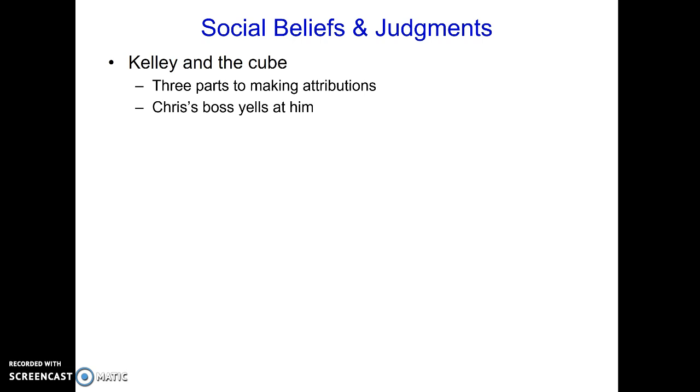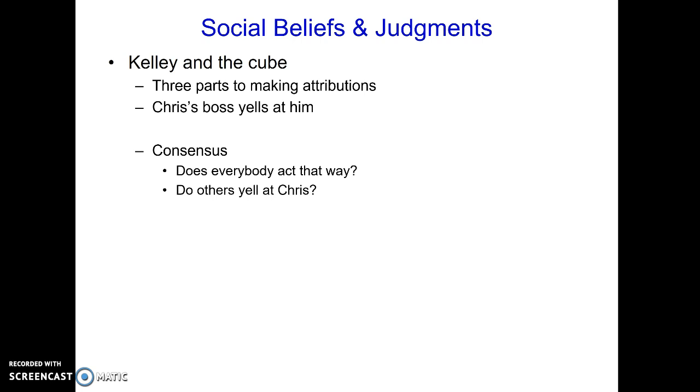So the three things that Harold Kelley said about his cube, excuse me, the first variable is consensus. Consensus asks the question, does everyone act that way? In this example, that would mean, do you observe other people yelling at Chris?